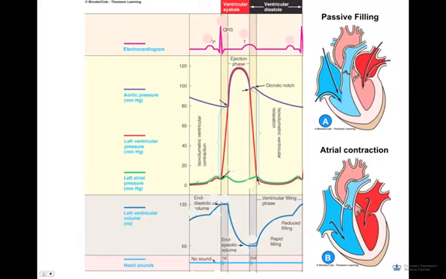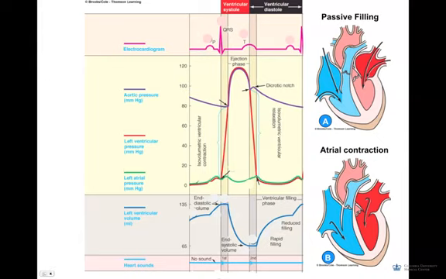When the ventricular pressure, the red line, falls below the green line, atrial pressure, only then will those AV valves open up again. Okay?